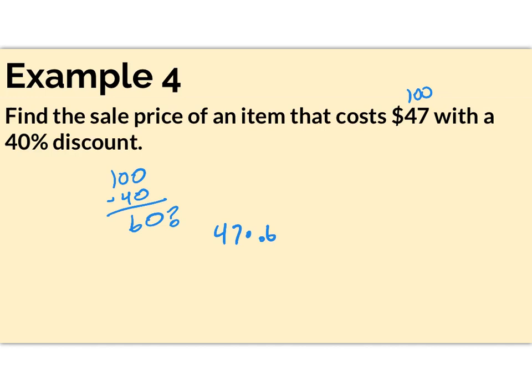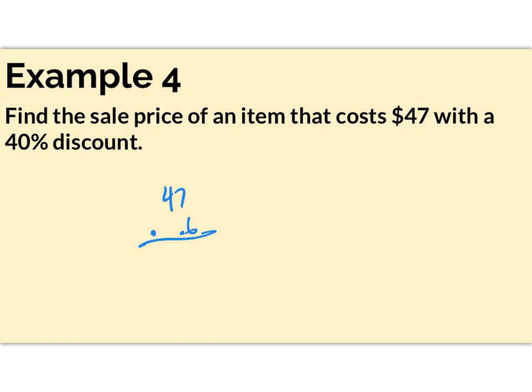And again, 47 times 0.6 gives us 28.2. But when we're dealing with dollars and cents, we're not dealing with 28.2. This is $28.20.